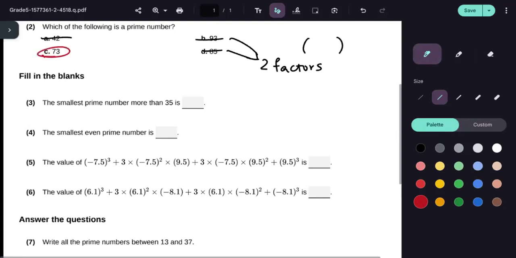Okay, 73 cannot be divided by any other number. If I try 73 divided by 2, 36.5, no decimal is allowed in a prime number.